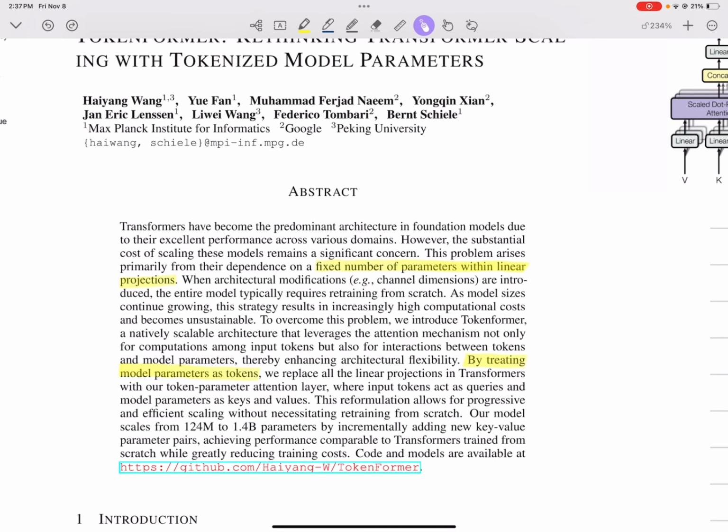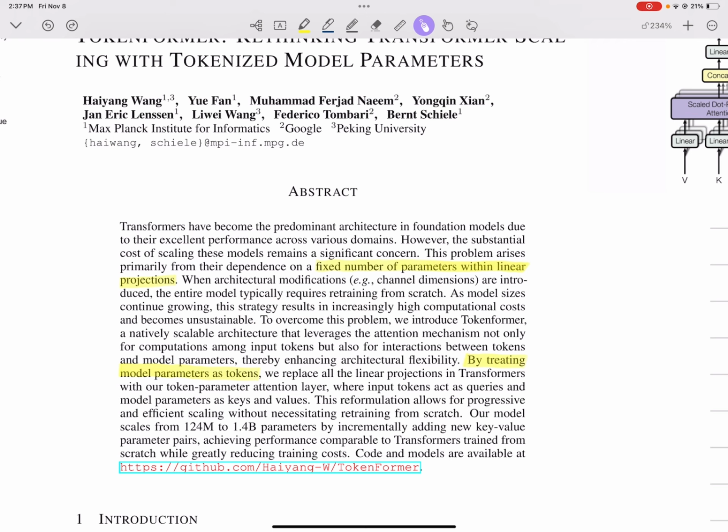If you go here, it says that transformers are great, but one of the problems that prevents scaling comes from the fact that they have a fixed number of parameters within linear projections. And whenever we actually want to change this dimension, it requires a complete retraining from scratch.